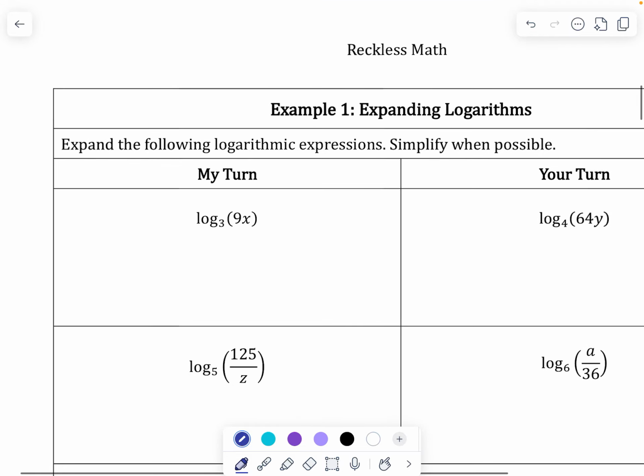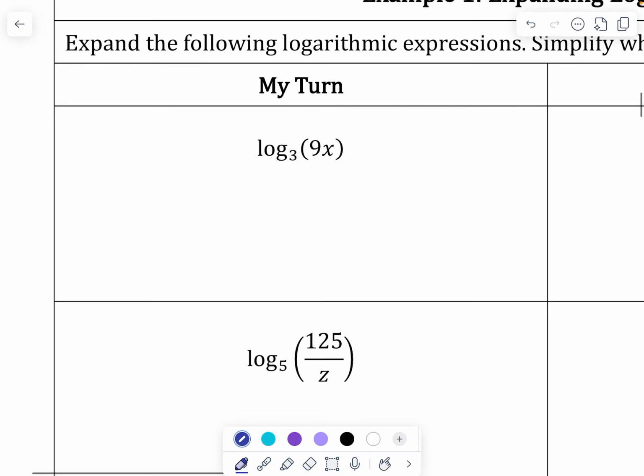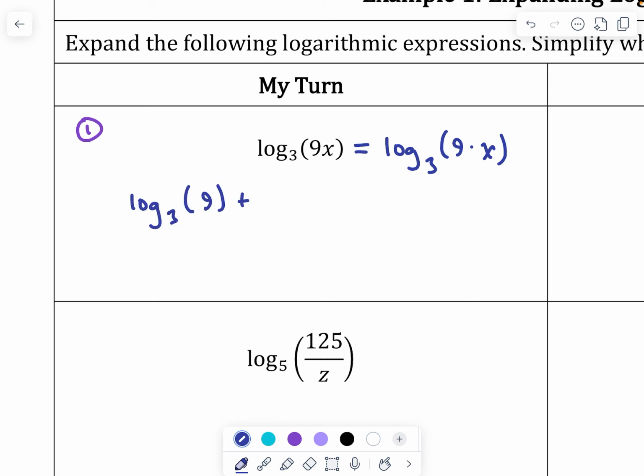Anyways, example 1, expanding logarithms. So this is something we can do with the properties. We can take a single logarithm and we can expand it. And then we're going to simplify when possible. So realize here that 9x is 9 times x. And in property 1, we said that multiplication inside the logarithm corresponds to addition outside the logarithm.